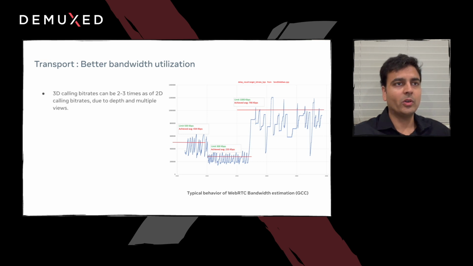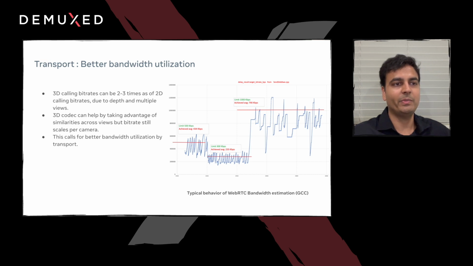This problem is also not unique to 3D calling, but it's worse because 3D calling requires 2 to 3 times the bitrates of 2D calling. Having a good codec can help by improving the compression efficiency and reducing the bitrate, but the bitrates are still higher than 2D calling, and they still scale as you add each view. We need to optimize the bandwidth estimation and the transport protocols to not only reduce delays but also achieve better bandwidth utilization.